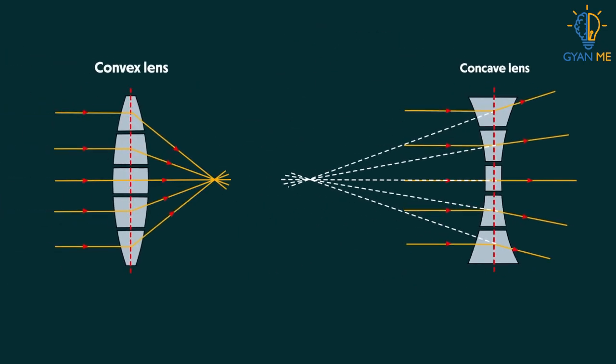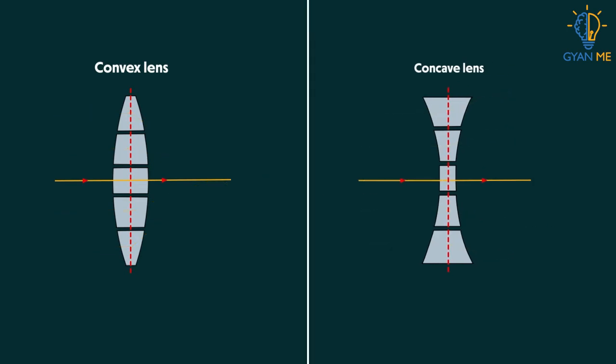And yes, in both the cases, in convex lens and concave lens, the ray which is entering perpendicular to the pole, that is, which is passing through the glass slab like this, comes out unrefracted or undeviated on the other side.